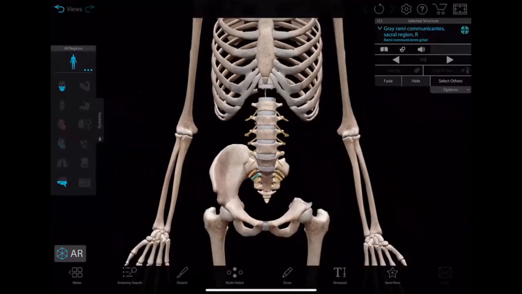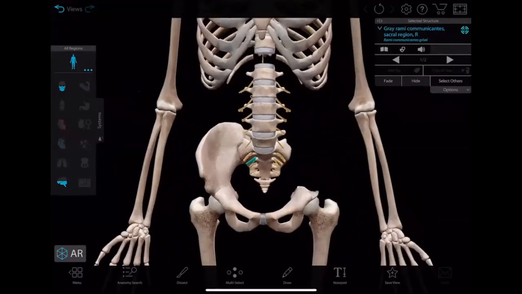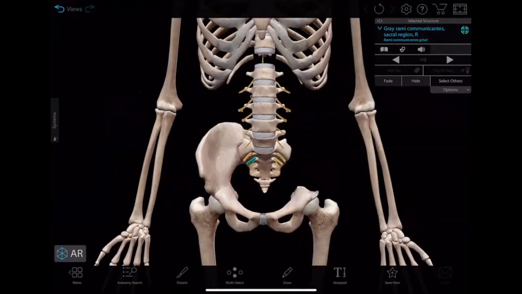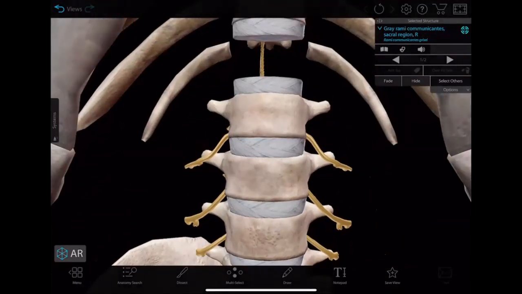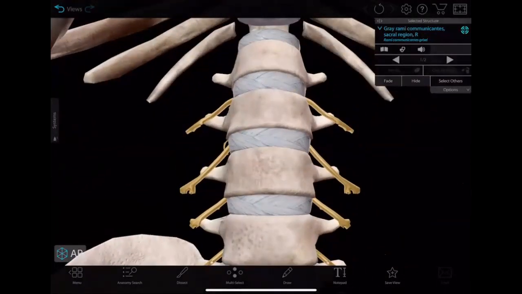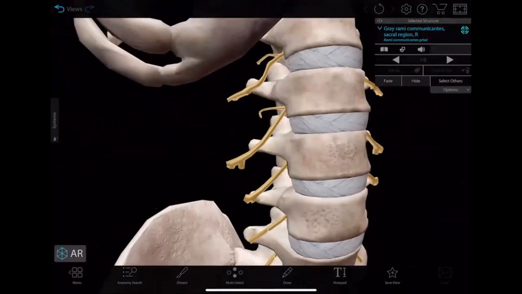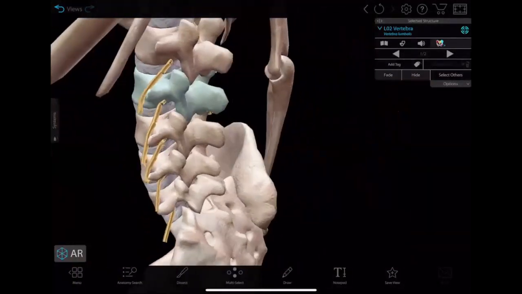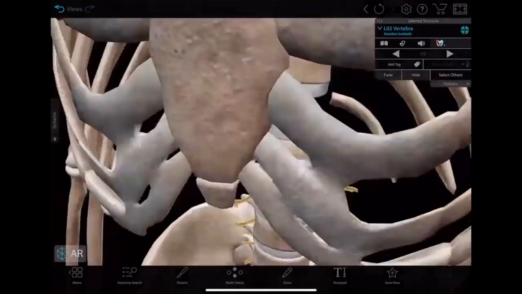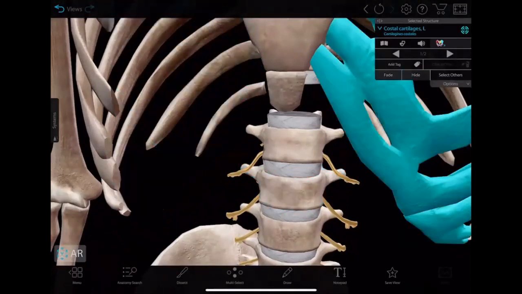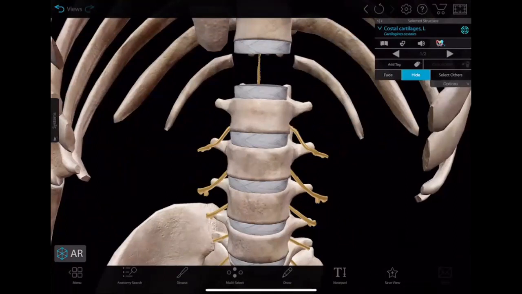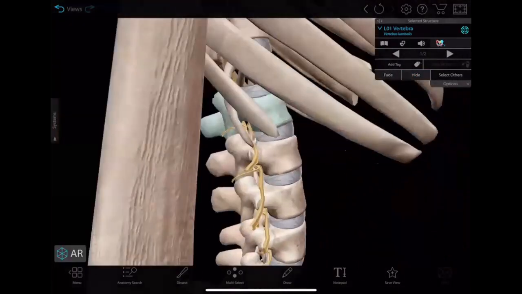You see, this is the L1 to L3, the lumbar plexus is formed by L1 to L3. This one is the L2. This one is the L1, right?